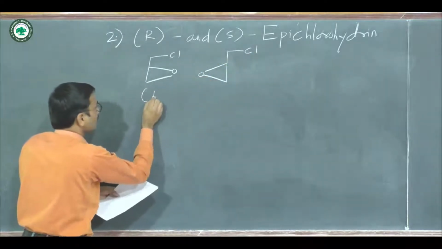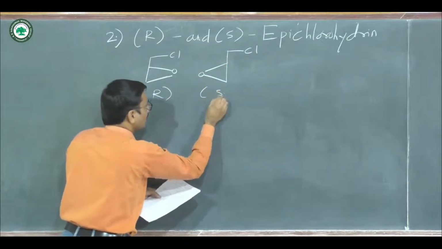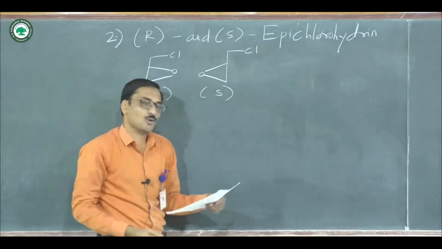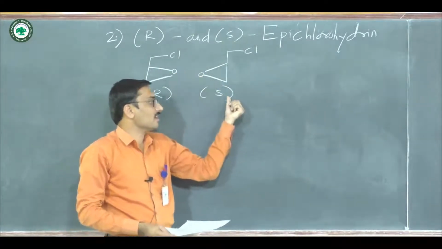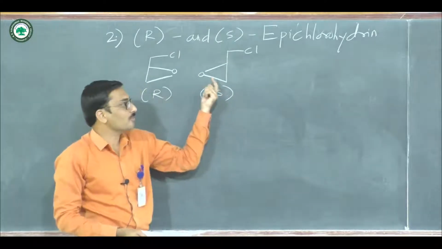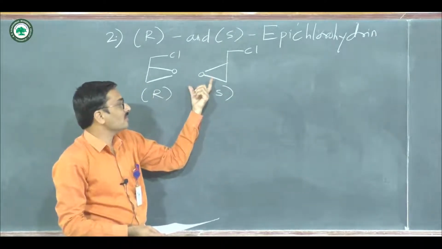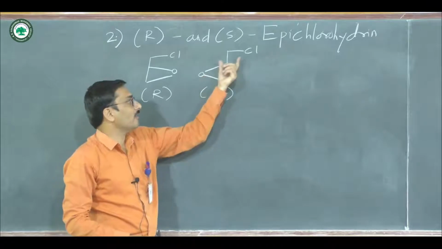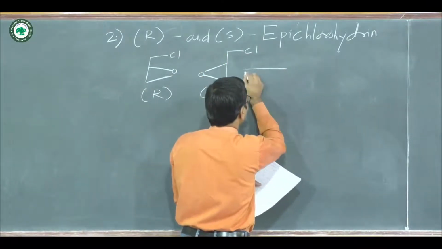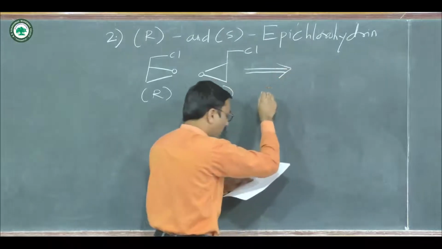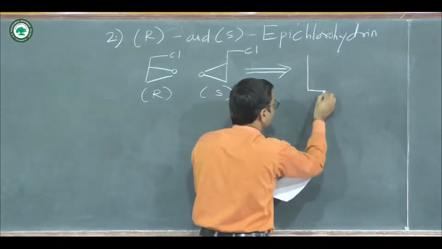So this is R, this is S epichlorohydrin. This is R epichlorohydrin, this is S epichlorohydrin. This epichlorohydrin molecule consists of an epoxide ring and one chlorine atom. So this is the disconnection approach.